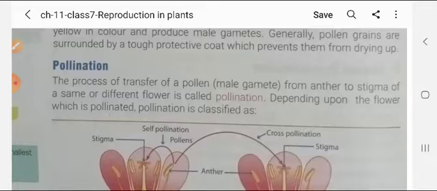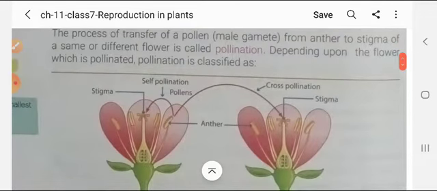Okay, when the pollen grains transfer from the male part to the female part, this is called pollination. The process of transfer of pollen from the anther to the stigma of the same flower or a different flower is known as pollination. Pollination is classified depending upon the flower which is pollinated.